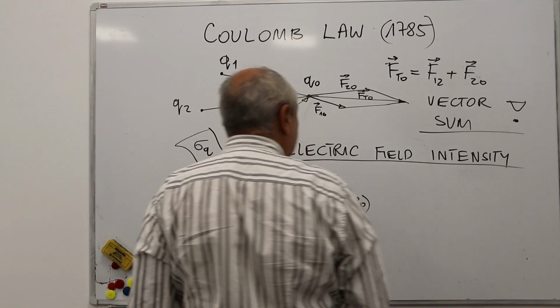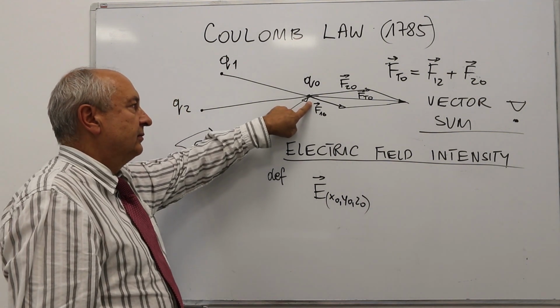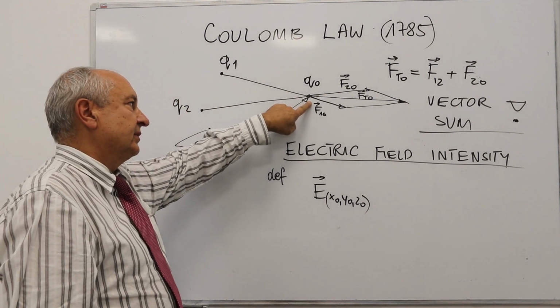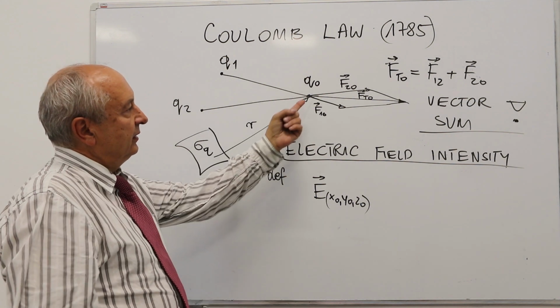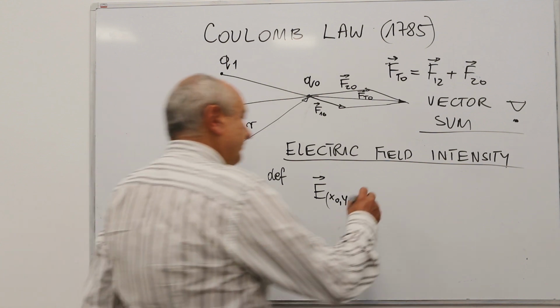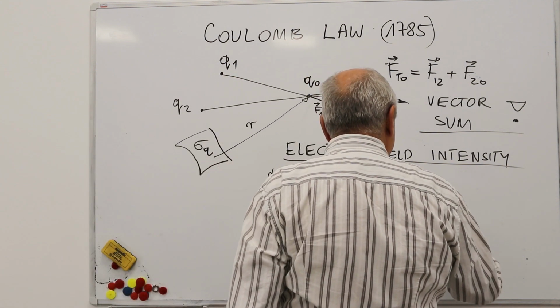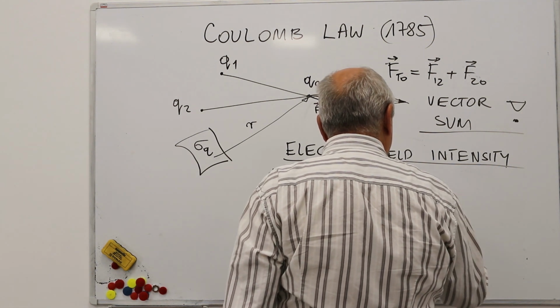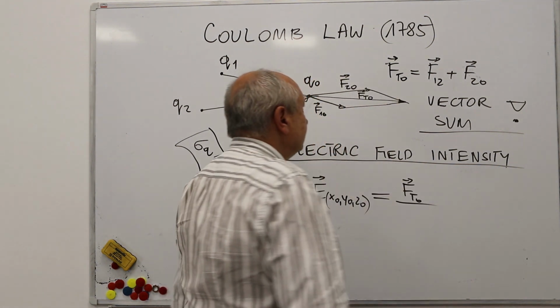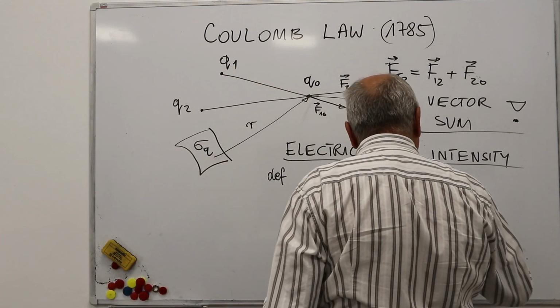Electric field intensity in the point x0, y0, z0, where we find q0, is defined as the total force exerted on charge q0 to the value of q0.